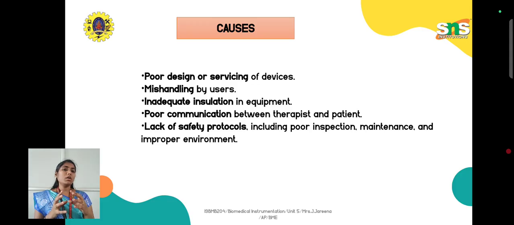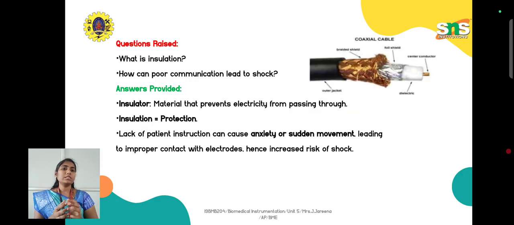We have to do a proper inspection of each and every piece of equipment based on its level or functionality, whether monthly, weekly or yearly, and then we have to have maintenance, followed by ensuring the ambient environmental condition so the equipment works in optimum condition. So these are a few root causes for the person to get shocked easily in hospital lines.